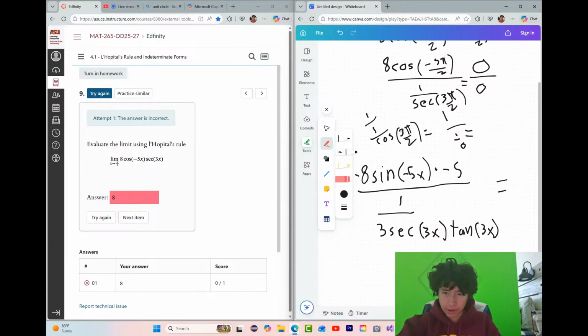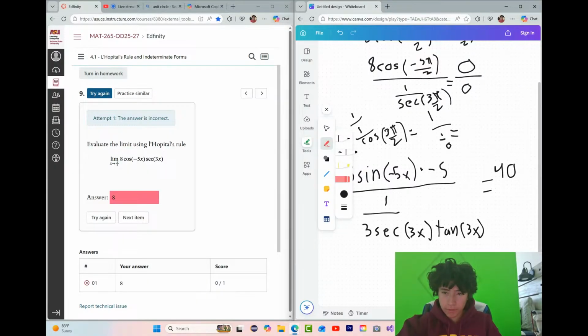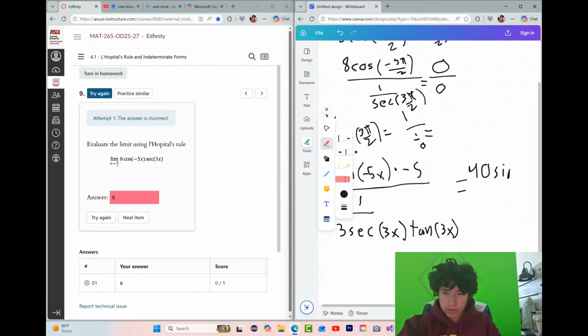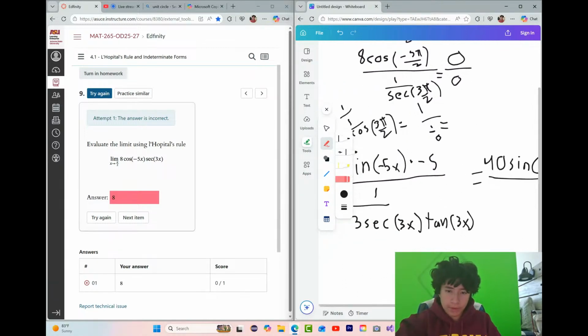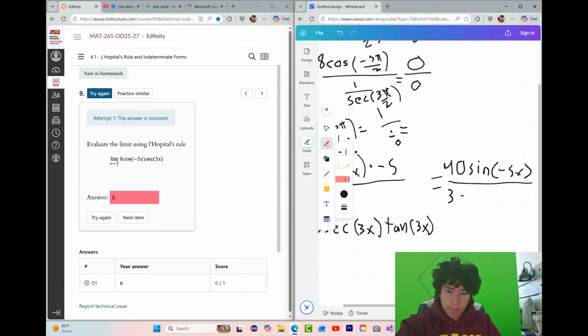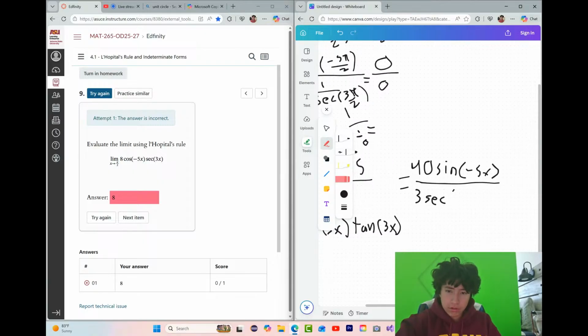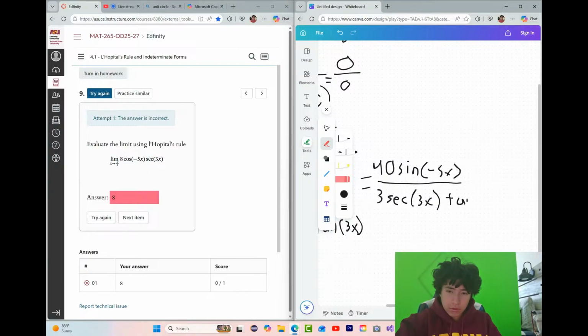In fact, let's simplify this. 40 sine of negative 5x over 3 secant of 3x tangent of 3x. Cool. So that's what we have.